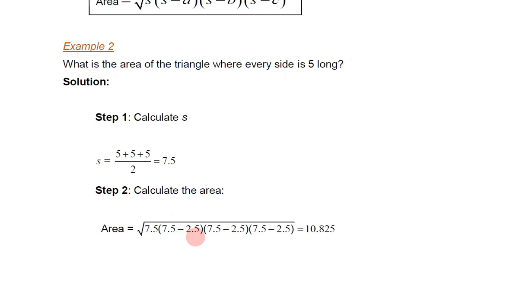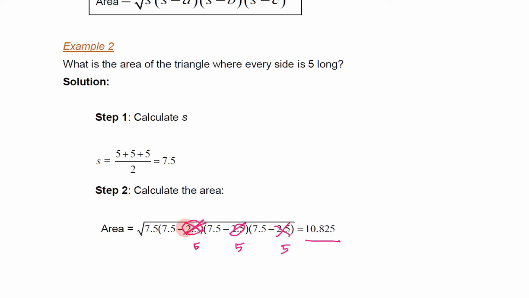Okay, what's the area of a triangle where every side is 5 long? 7.5, and then 7.5 minus 5. Let's check. Okay, the answer is correct, 10.825.